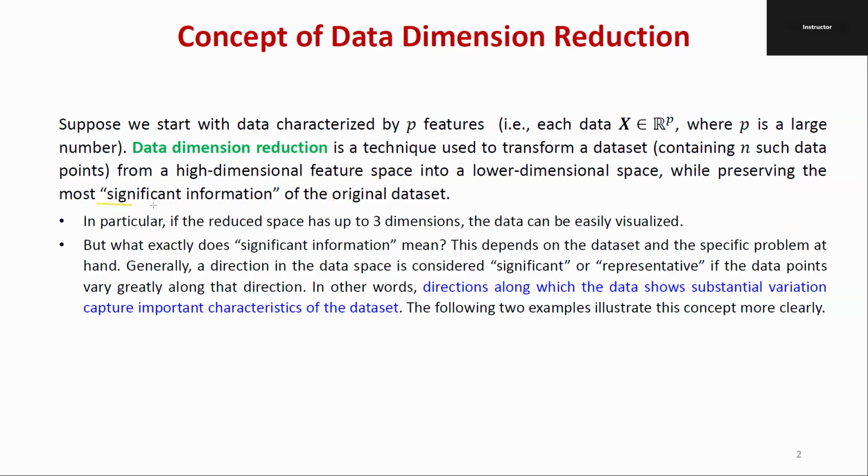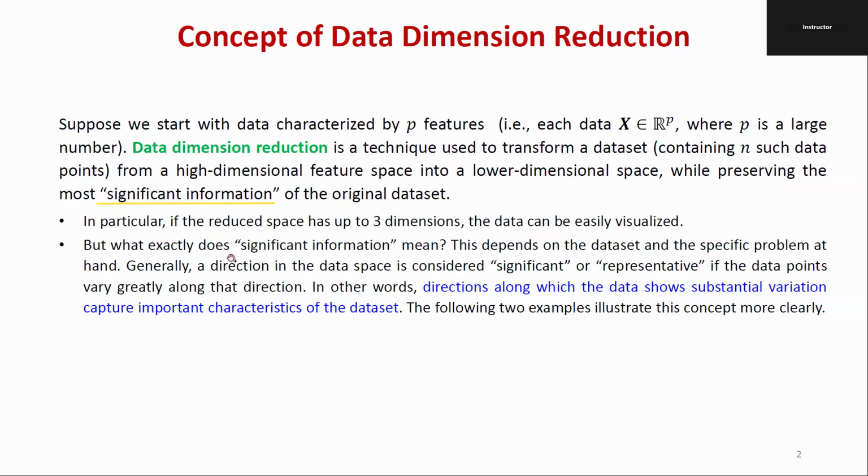What does significant information really mean? That's the issue, because like you have seen in those machine learning models, we need to define everything accurately in computers so that they can learn from the data. So here, significant in general really depends on the data set and the specific question.